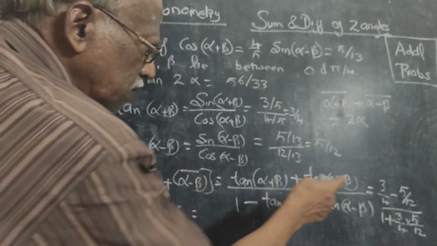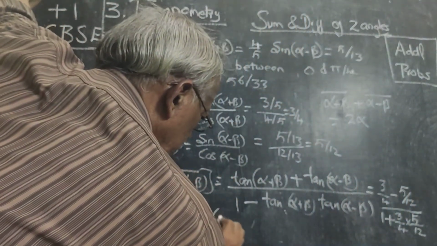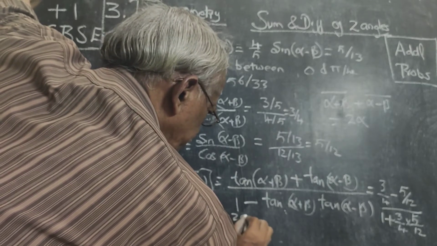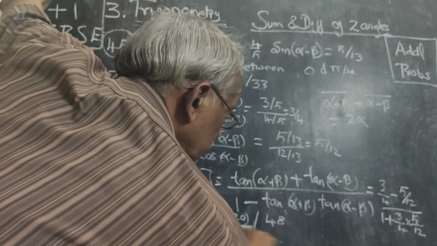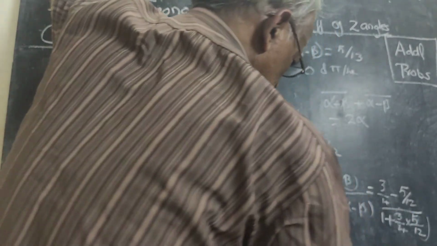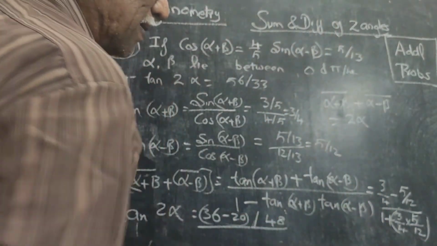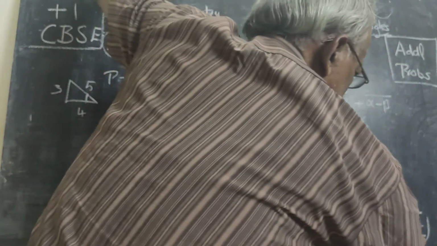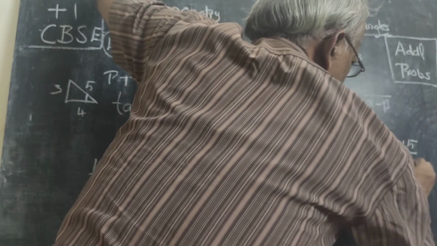Now taking LCM, 12 3s are 36 and plus 20, the whole thing by 48. The denominator is 15 by 48, so let it be as it is. Don't simplify that, because we can easily cancel the 48. So this will be equal to 1 minus 15 divided by 48.